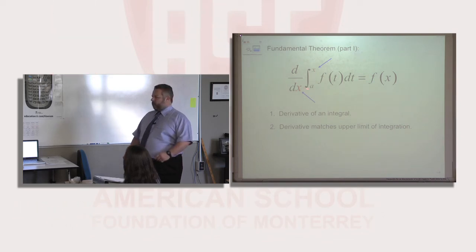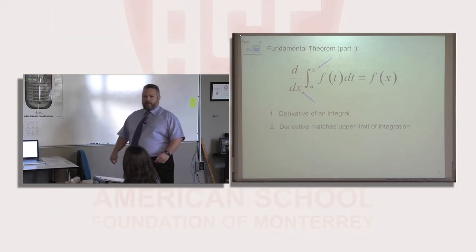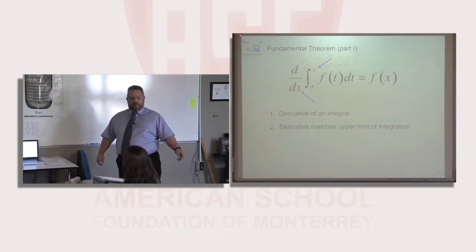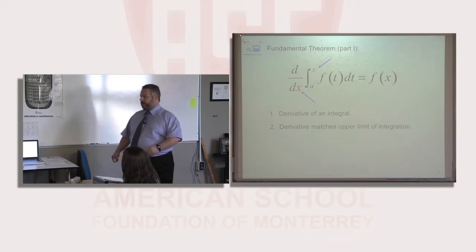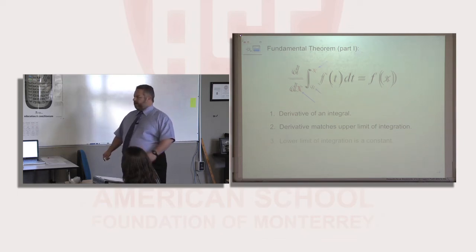It's technically called a parameter. It's a constant, but it's not like a 6, which is always 6. a can be whatever constant we want it to be, but it's a constant. So the bottom limit of integration has to be a constant.